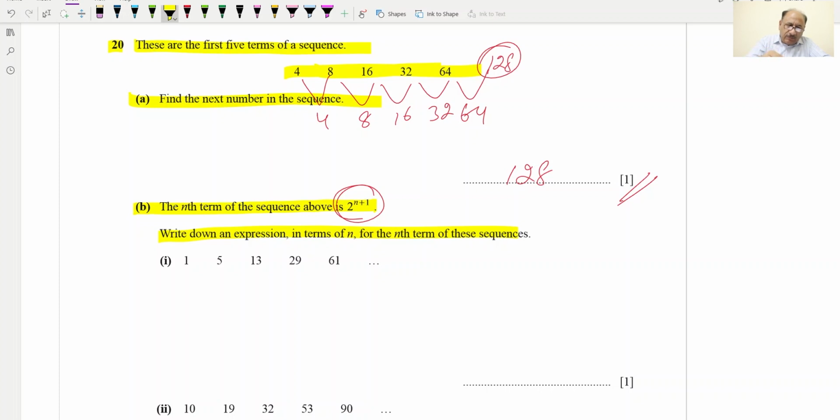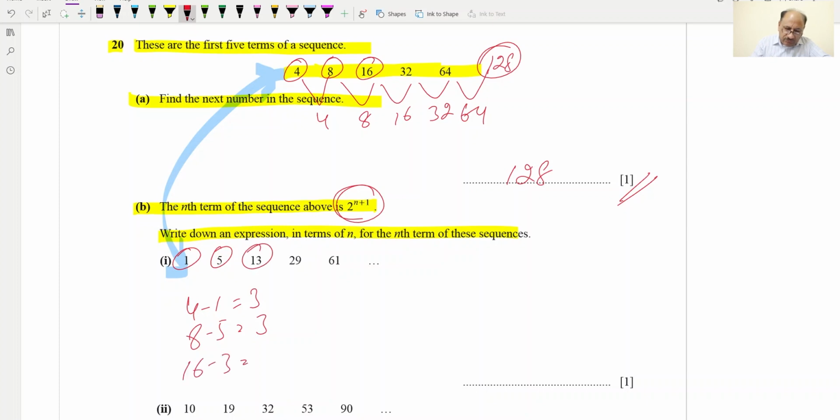If we compare these two sequences, we can write this as first term, and first term will be 4 minus 1, which will be 3, and second term, 8 minus 5, which is again 3. So whatever term we are choosing, third term will be 16 minus 13, which is also 3. So there is a difference of 3 between these two sequences.